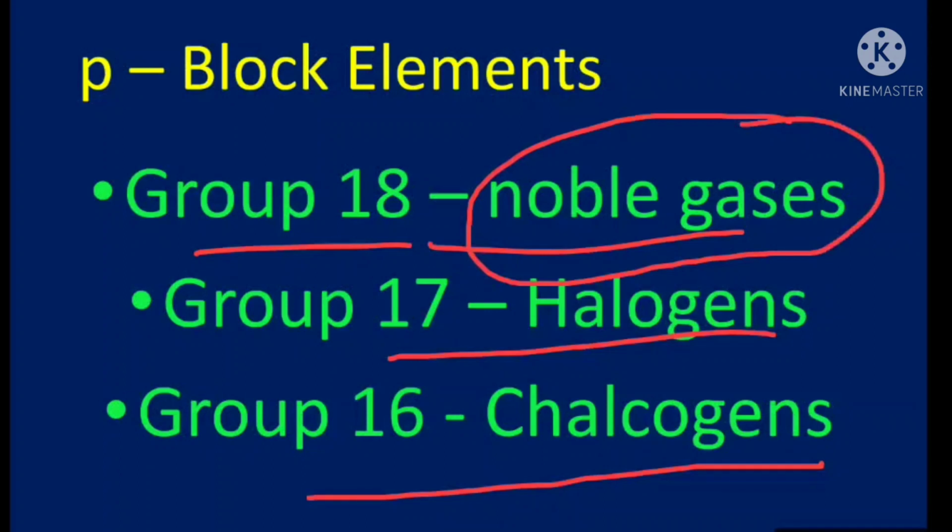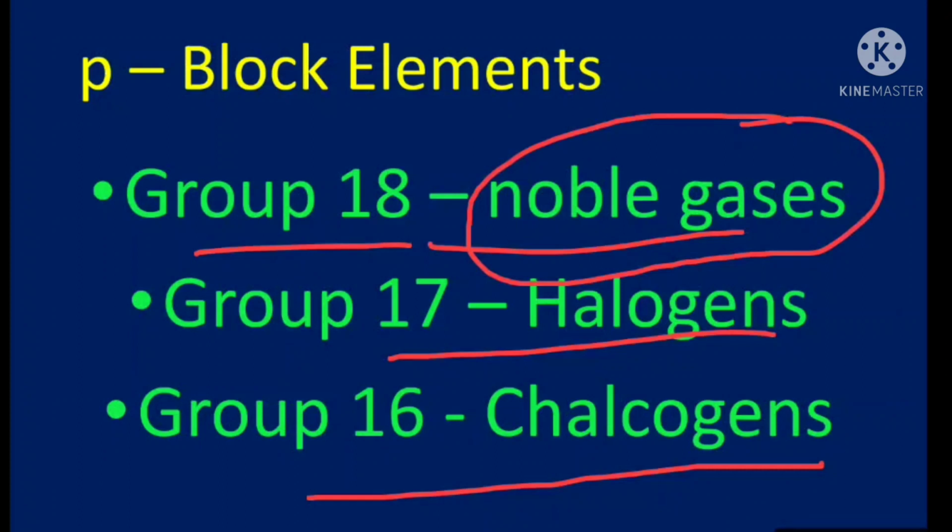Group 17 elements are called halogens. Why are they called halogens? Because they readily form salts. Therefore, they are normally called halogens. Group 16 consists of oxygen, sulfur, selenium, tellurium and so on.